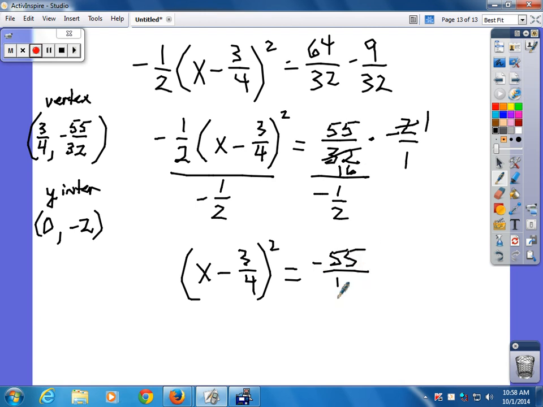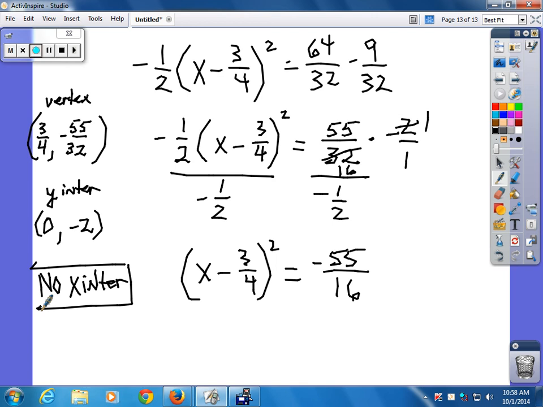Y'all check me. And that says no x-intercepts. For your practice, all I want you to do is find no x-intercepts and then check it on the graphic calculator with your sketch.